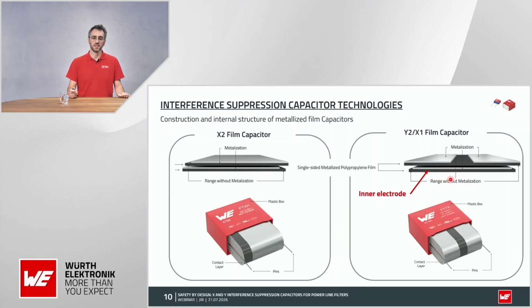So you can imagine this looks more like two capacitors in series, and with this structure we can achieve higher voltage range and impulse voltage ruggedness, as well as, as I mentioned, the double isolation and the protection against short circuit.